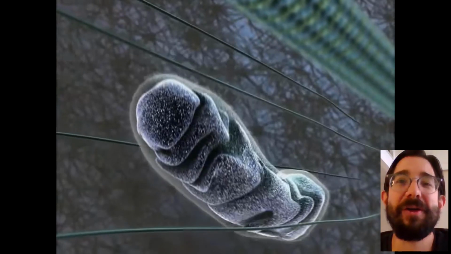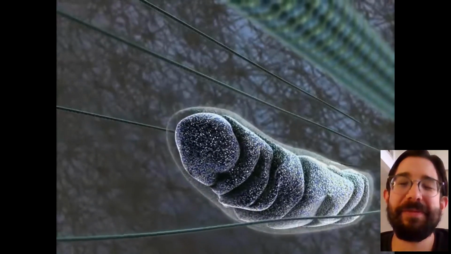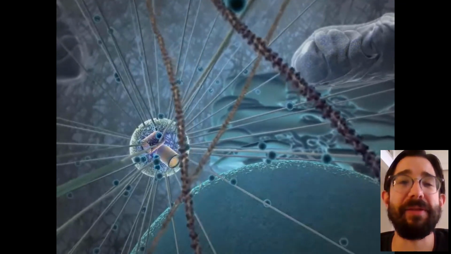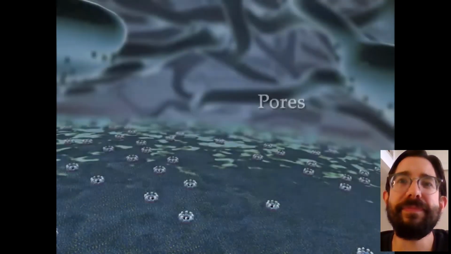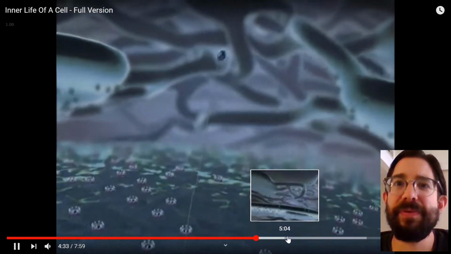There's a mitochondrion, singular, cruising down the microtubules. And near the center of the cell is the centrosome, that glob of proteins. Embedded within are the centrioles, helping organize all these microtubules. And some pores in the nuclear envelope.